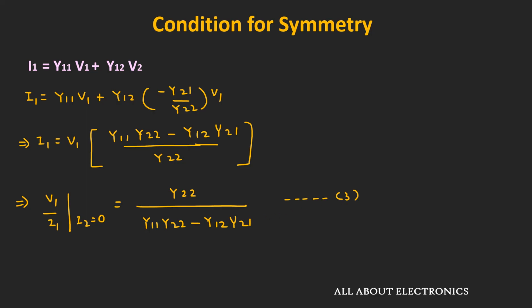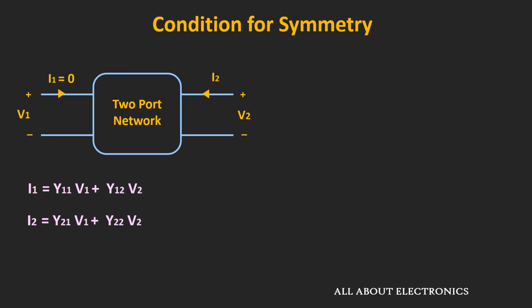Similarly, to find the ratio of V2 and I2, let us assume that the current I1 is equal to 0. So from the first expression, we can say that 0 is equal to Y11 times V1 plus Y12 times V2. Here, as we are interested in finding the ratio of V2 and I2, we will find the expression of V1 in terms of V2.